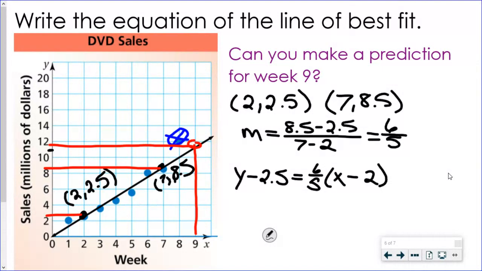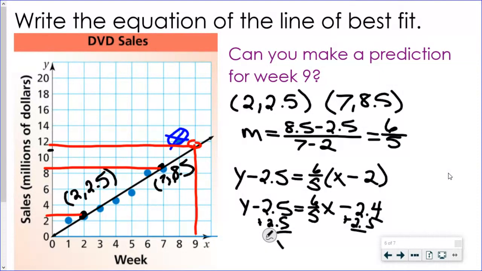And I now distribute, and you should have a calculator. So this is saying y minus 2.5 equals 6 over 5x minus, so if I do 6 over 5 times 2, I get 2.4. Leave it as a decimal. And then I'm going to add 2.5. Okay, and it's y equals 6 over 5x plus 0.1.